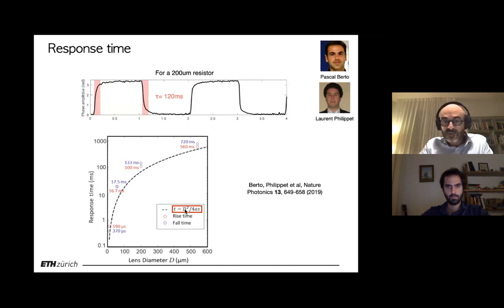The important thing here is that this is the square of the size. So if my system is small enough, I will be able to reach response times that are quite reasonable. In particular, if I have a system that is below 100 micron size, I start to be below 100 milliseconds. This starts to be very relevant for vision and for imaging.